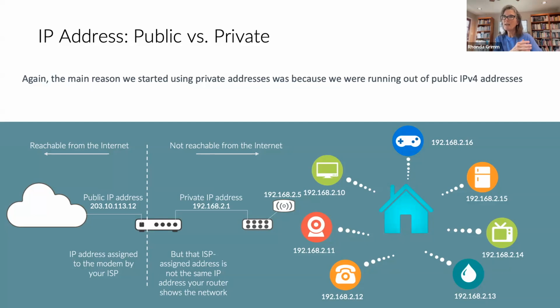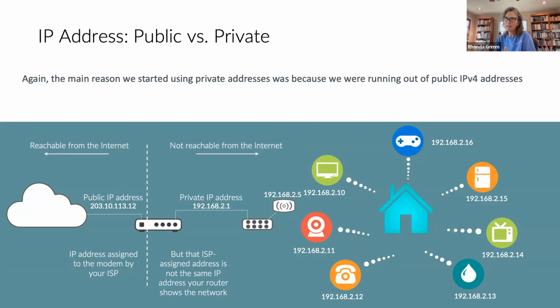So if you look at the left side of the screen, reachable from the internet, your ISP gives you a modem, and that modem has a public IP address on the WAN port there. So in this case, 203.10.113.12. You can get to this router from anywhere on the internet, but behind it, the router says, no. I've got 400 devices behind my router because I have a huge house with a bunch of people, and I don't want to use all those addresses.